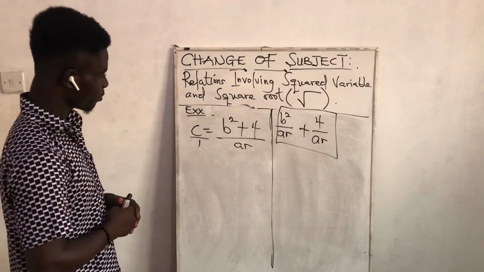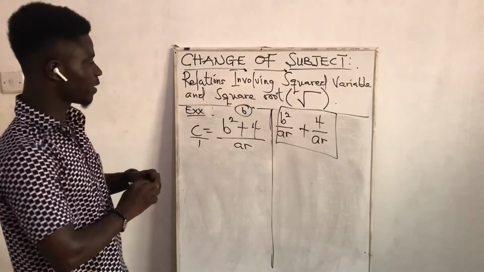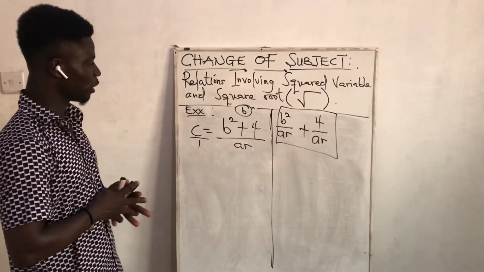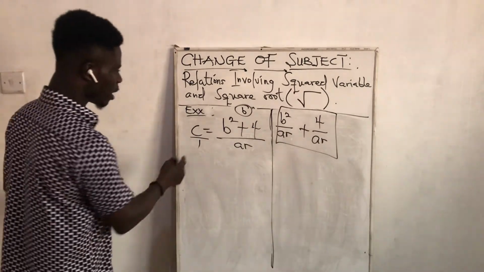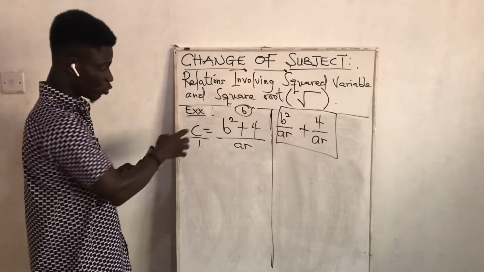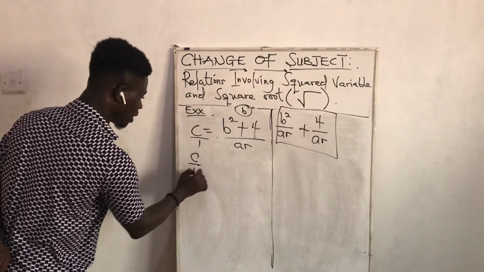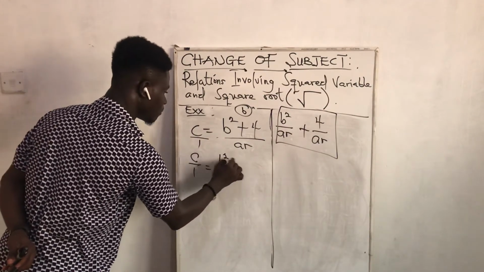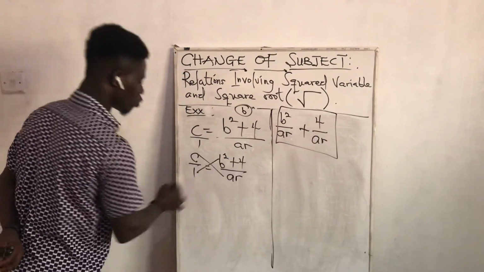Now here, we are making b the subject of this relation. Now we can cross multiply immediately here. So I have C on 1 equals b squared plus 4 all on ar. So you can cross multiply.